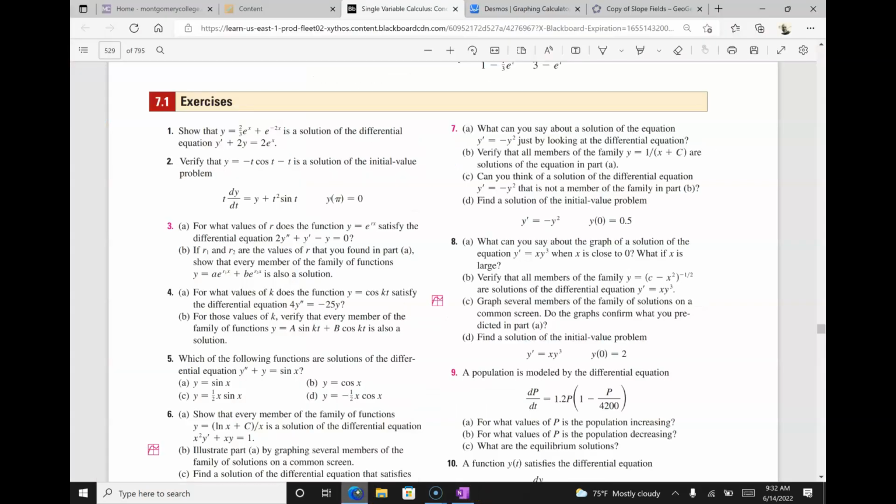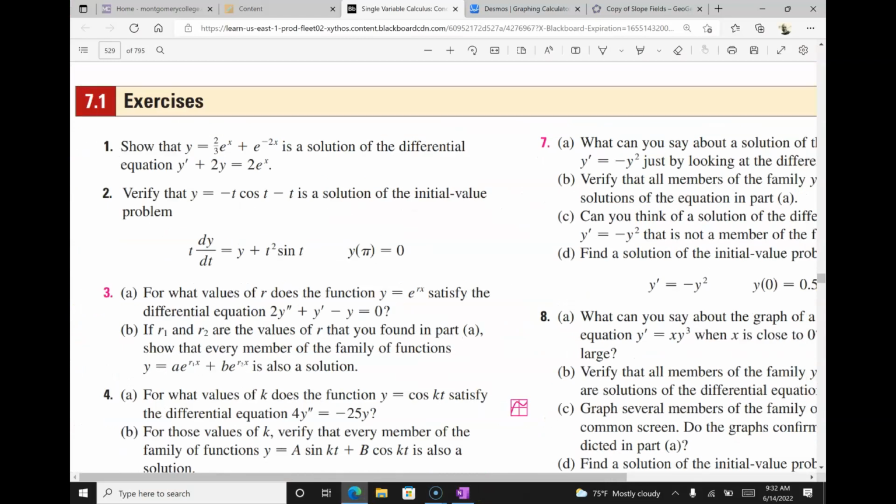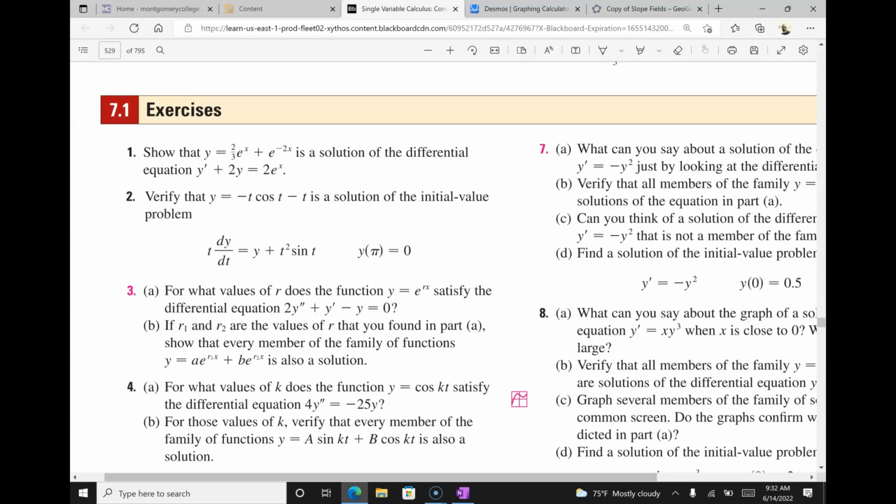I'm sorry. Let me think. Yeah. So this y of pi equals 0 is telling me, and if you look at my initial solution, you see there's no kind of constant in there that would change the family. You know what I mean? t is the variable t. I would need like an A or a C value to say that I hadn't yet solved for that value. And so it's kind of irrelevant that they give me the initial value there. Okay. Just making sure.